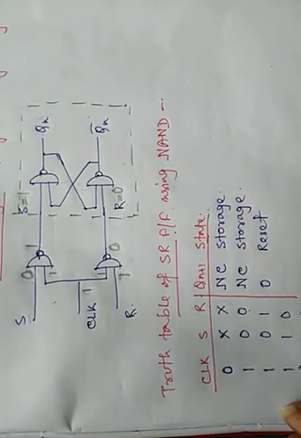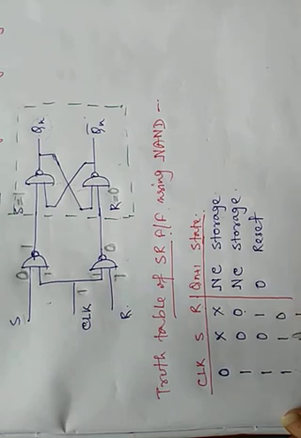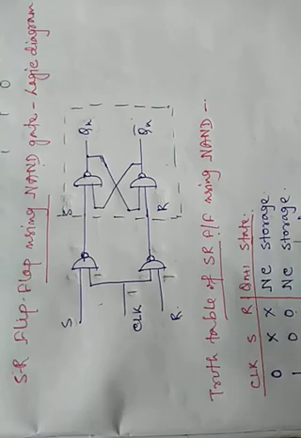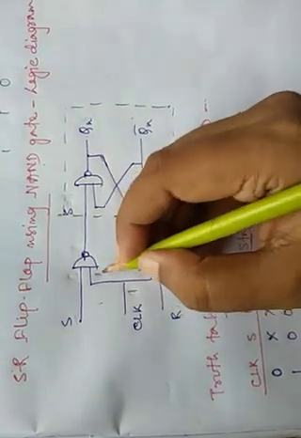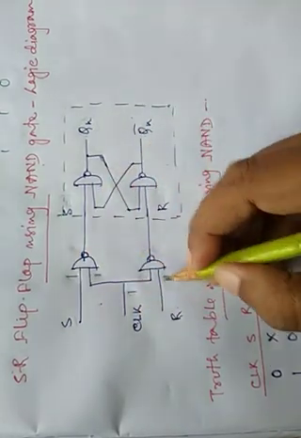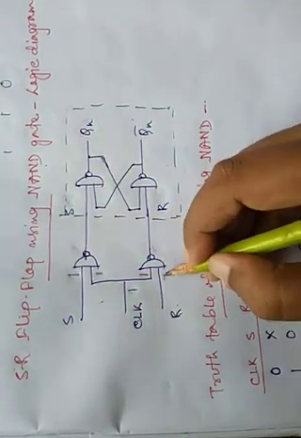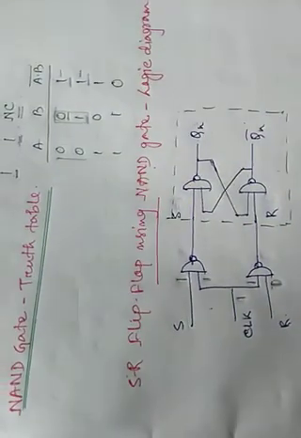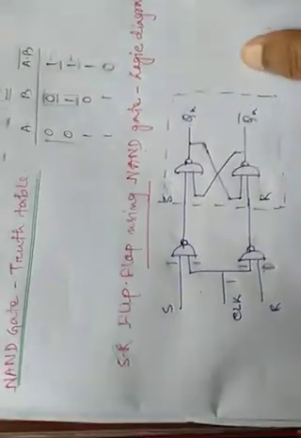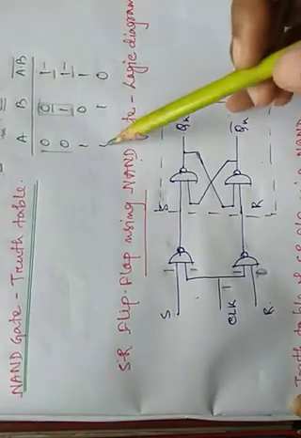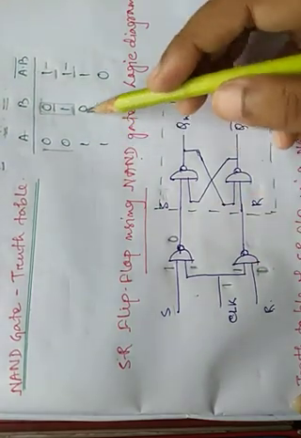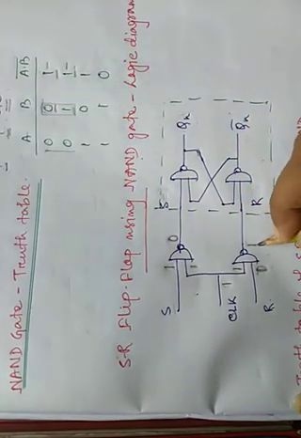Okay, now our next state. Next state is when clock is high, input is 1 and 0, means S1 R0. So our condition is clock is 1, S is 1, R is 0. So for 1 1 NAND gate is 0, so it is 0, and for 1 0 NAND gate is 1, so it is 1.